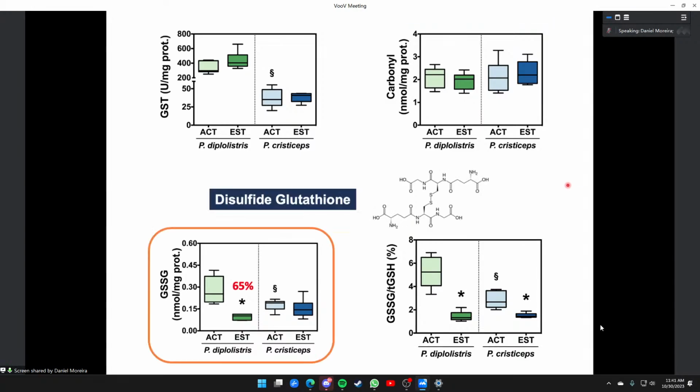For the levels of disulfide glutathione, we observed a 65% decrease only for Pleurodema diplolistris, but this decrease was not significant for Proceratophrys. And here again, Proceratophrys cristiceps has lower levels than Pleurodema diplolistris.